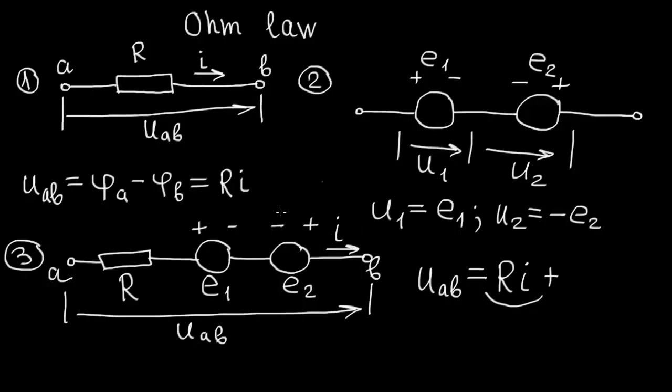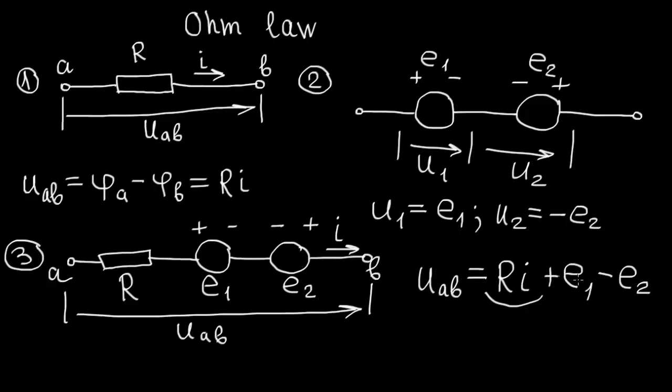For the first source, like in case 2, we have plus E1, and due to opposite direction of the second source, we have minus E2.